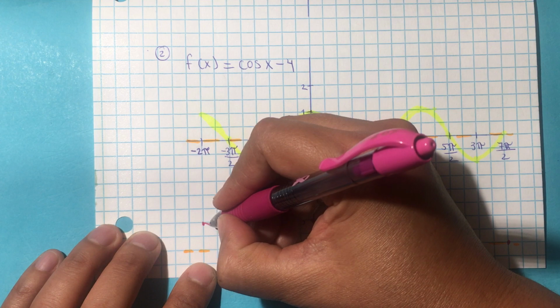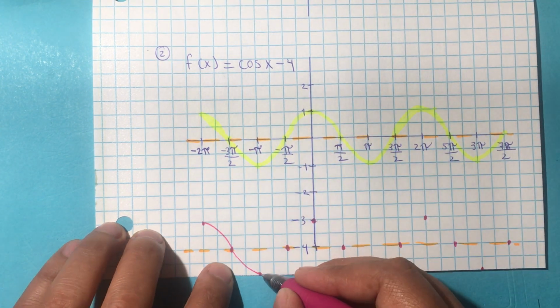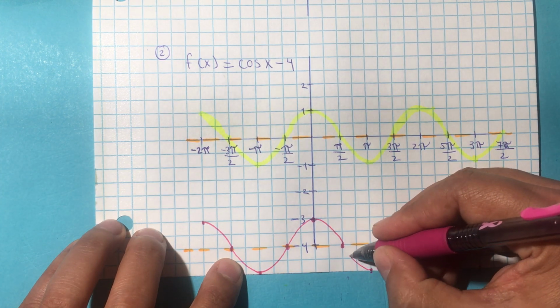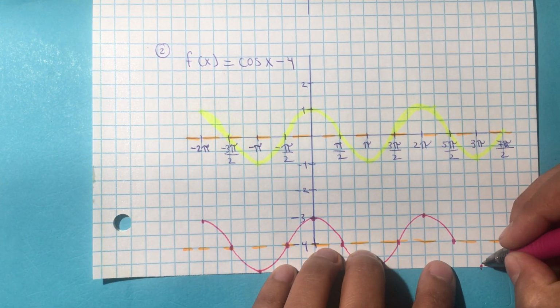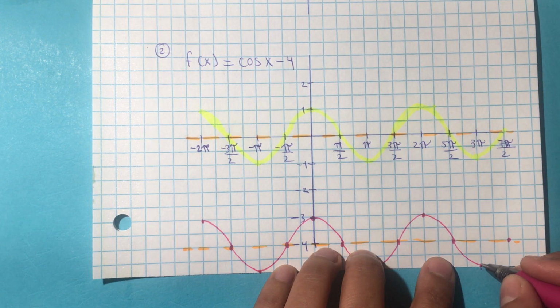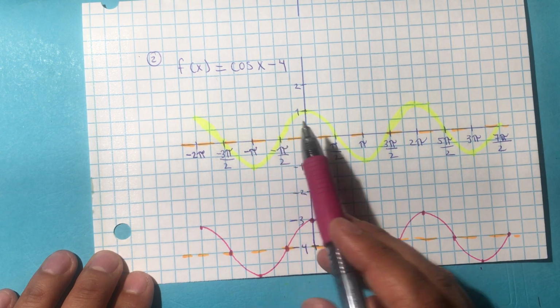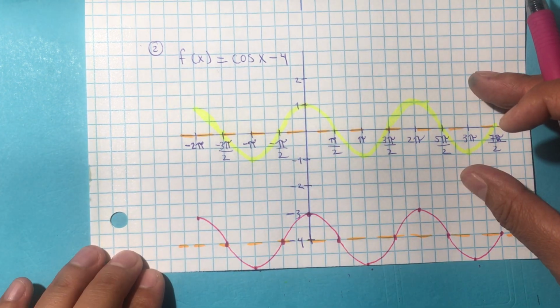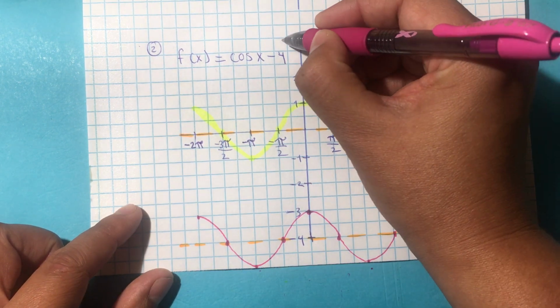For me, it's easier to go from the lowest or highest point, and that makes my life easier. Okay, and so that's your cosine of x minus 4, you move the entire graph of cosine 4 spaces down because it's negative.